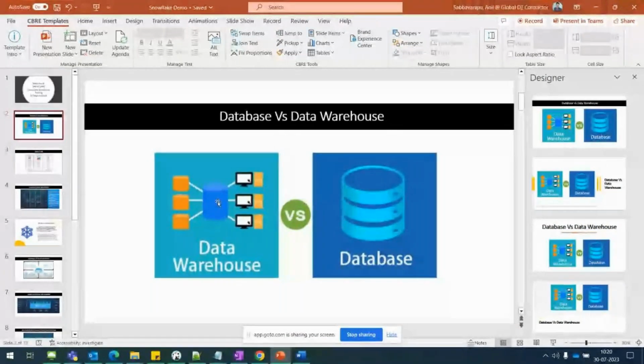So that's the basic definition of data warehouse and database. So why I have given you this introduction is, Snowflake is a cloud data warehouse.